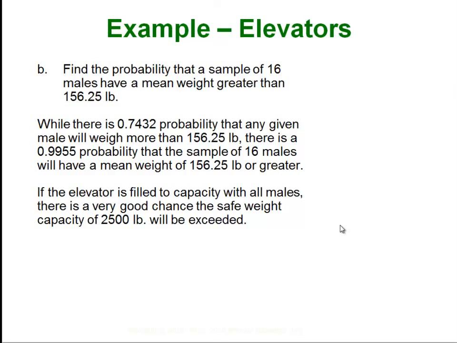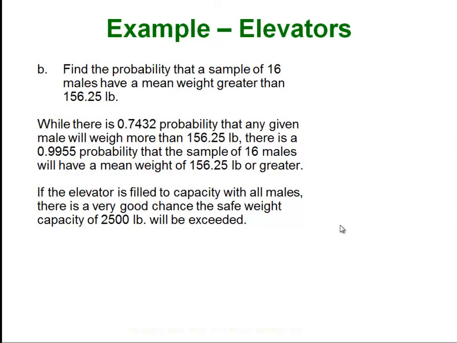What does that mean? Well, that means that if 16 men got on the elevator all at once, you're almost guaranteed that you're over capacity. There's a 99.55% chance that that group of 16 men weighs more than 2,500 pounds, because there's a 99.55% chance that the average weight of the group is above 156.25.